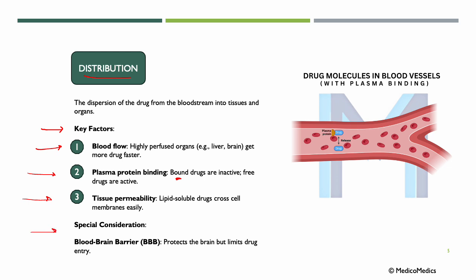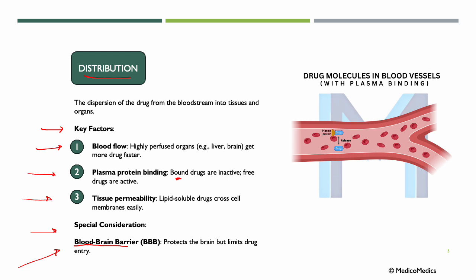And a special consideration here is, for example, the blood-brain barrier, which protects the brain by limiting the entry of many drugs, making central nervous system penetration more difficult unless the drug is specifically designed to pass through. And we have a whole dedicated lecture on different barriers, including the blood-brain barrier. Make sure you check that out.